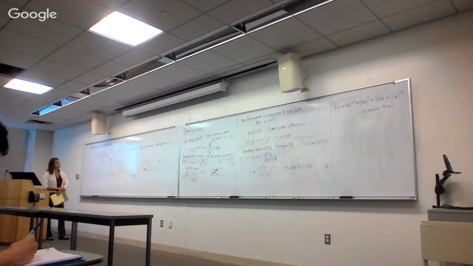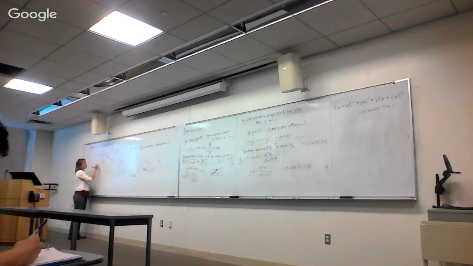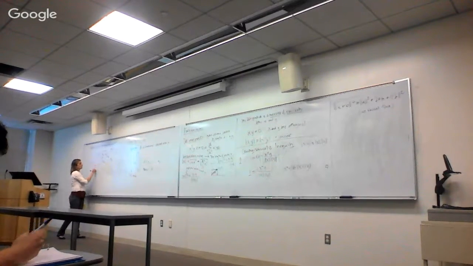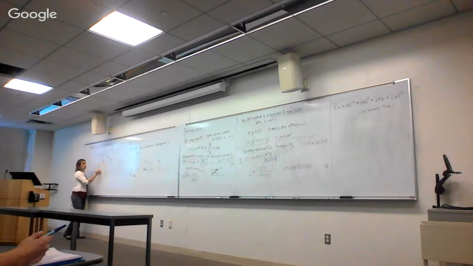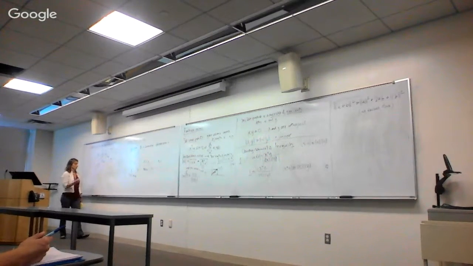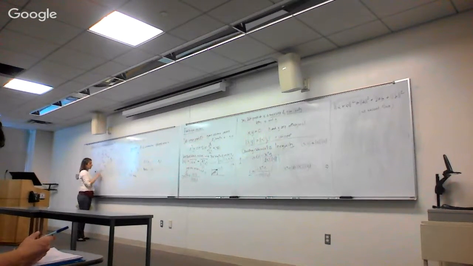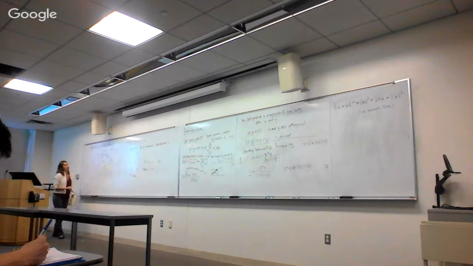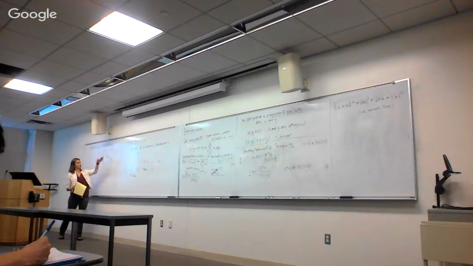Okay, so what about the transpose? What is the ij entry of the transpose equal to? This is just an entry-wise definition. I looked at the jth row of M and the ith column of M, so I just need to take this whole thing and switch it around.